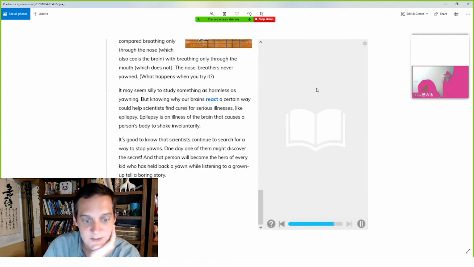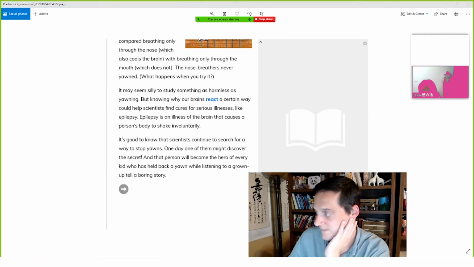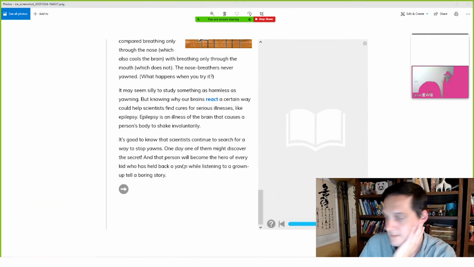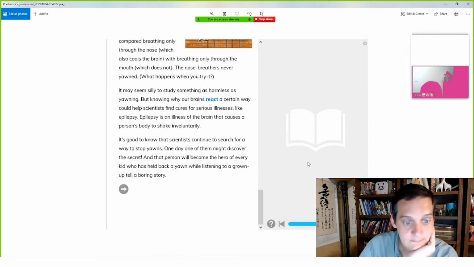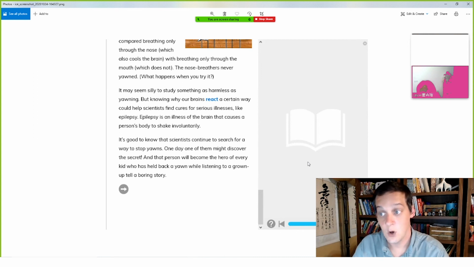So next page goes into involuntarily. Then we have this part here. And that person will become the hero of every kid who has held back a yawn while listening to a grown-up tell a boring story. Boring. Yeah.